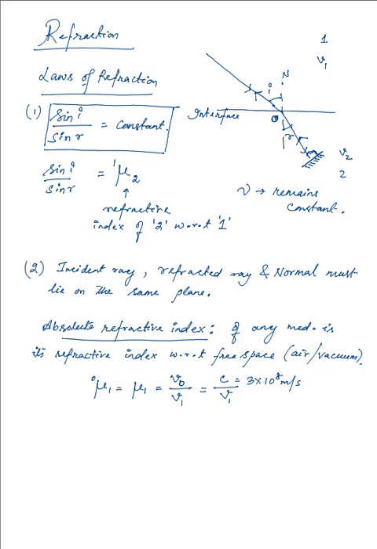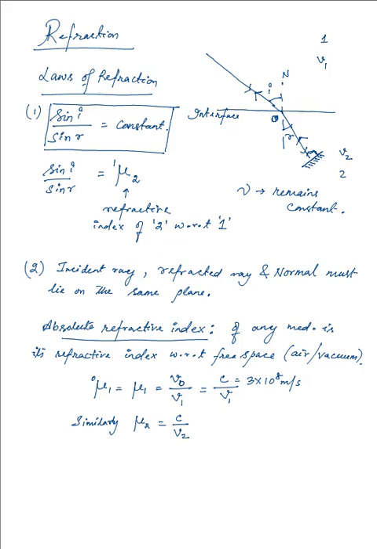So this is mu1. Similarly, we can have the velocity in the second medium and the absolute refractive index of the second medium as c over v2, and c being the same number, obviously.